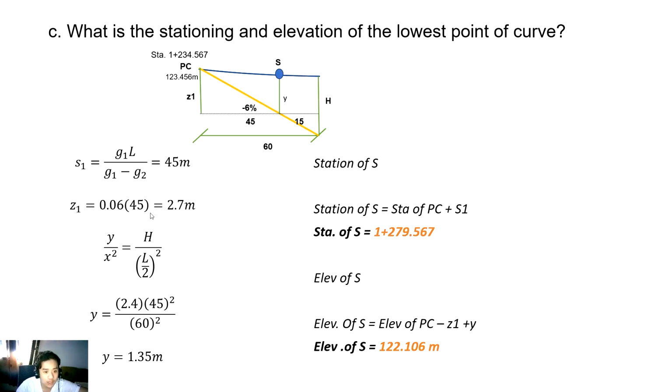So, ang makukuha natin sa Z1 ay 2.7. Then, para naman sa Y, gagamitin ulit natin ang formulang Y over X squared equals to H over L over 2 squared. So, i-derive natin siya. Magiging Y equals to 2.4 times 45 squared all over 60 squared. So, ang H natin ay ito.